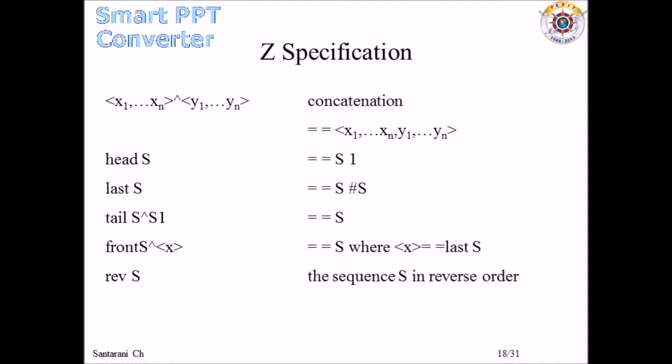Head S is S of 1. Last S means S of hash S, since hash S denotes the length of the sequence. Tail S, and front S, where S equals front S concatenated with angle brackets X, X equal to last of S. Rev S is the sequence S in reverse order.